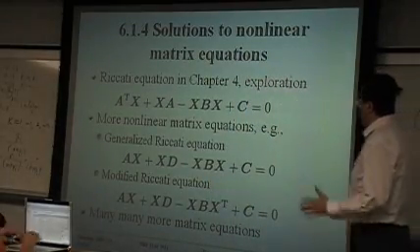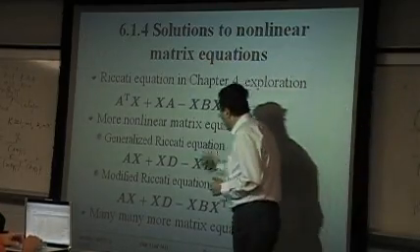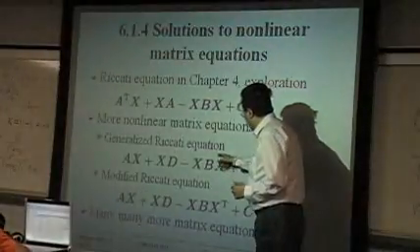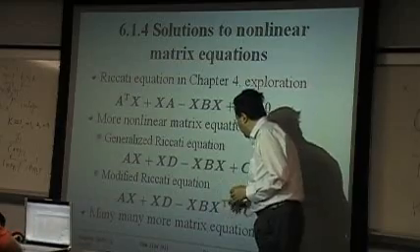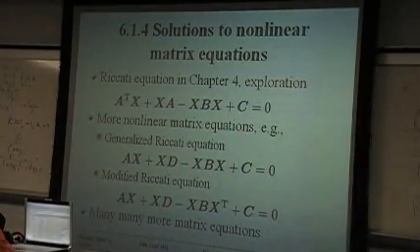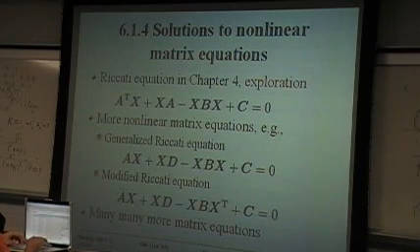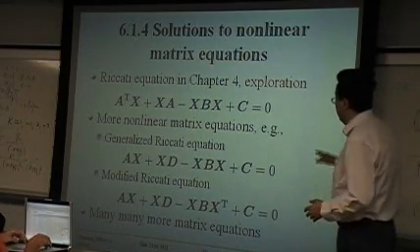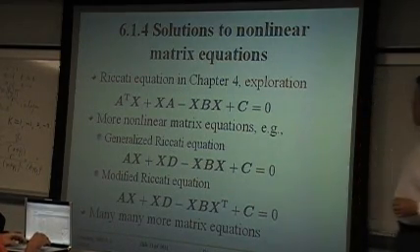And also you can modify the Riccati equation here just by taking the transpose of this one, just to make a variation to the original Riccati equation. And the ARE function will no longer be usable. So in this case, we have to explore ways to solve this kind of equations.